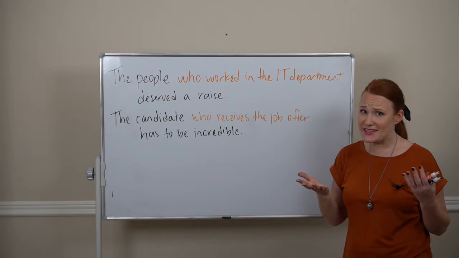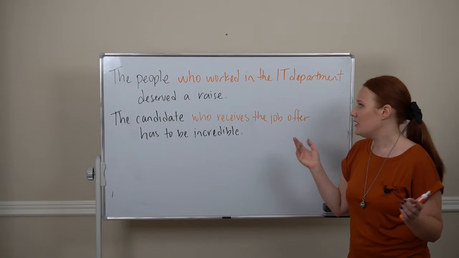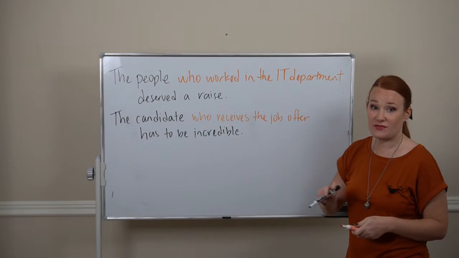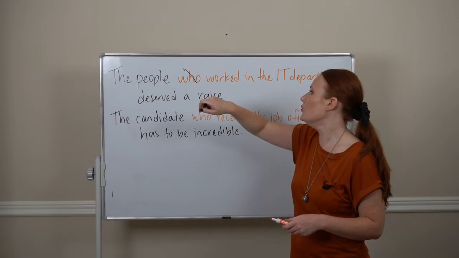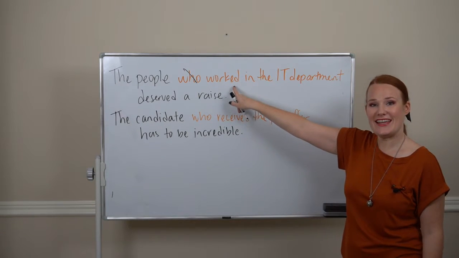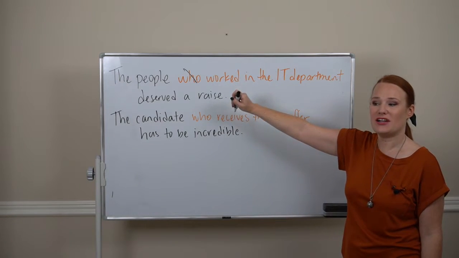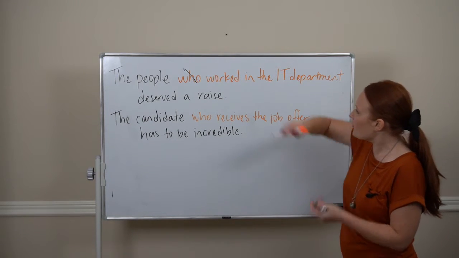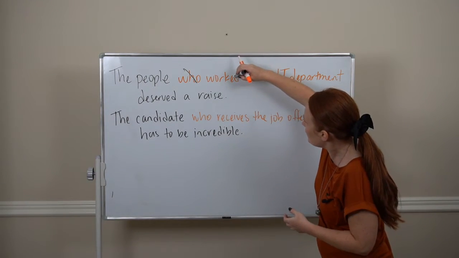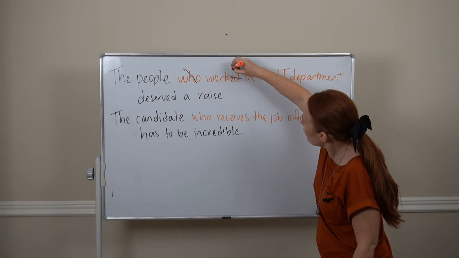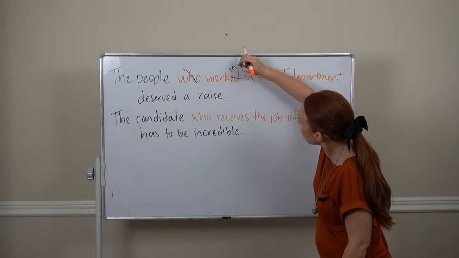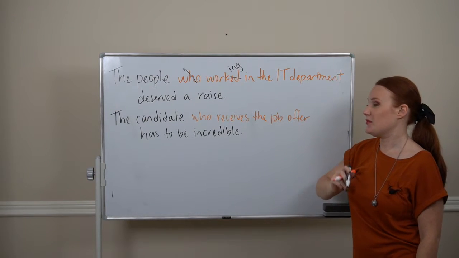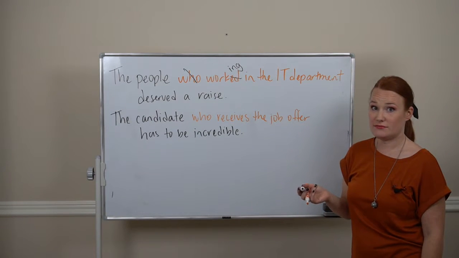So we've got a sentence in past simple and a sentence in present simple. How are we going to reduce these? We don't have to be. Well, we're still going to get rid of the relative pronoun, who, and we're going to take our verb and change it to an ing verb. So the people working in the IT department deserved a raise.